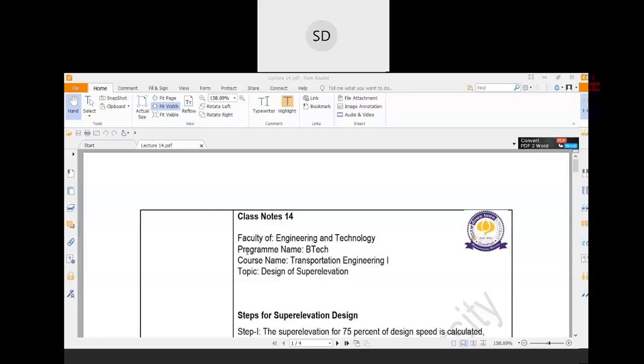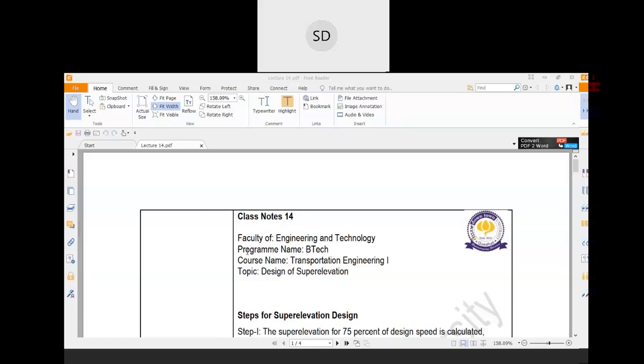Now if it is a mixed traffic condition like our Indian condition, where different types of vehicles have different speeds and different dimensions, in such cases the estimation of the super elevation would be slightly different than the previous case. So now we will discuss the super elevation design for the mixed traffic condition.